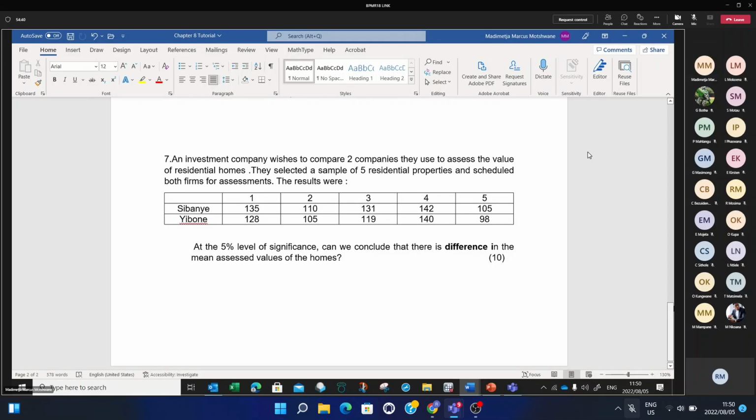The results were as follows, and those are the values given.